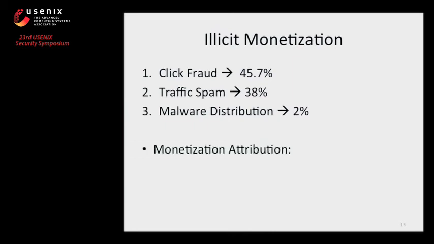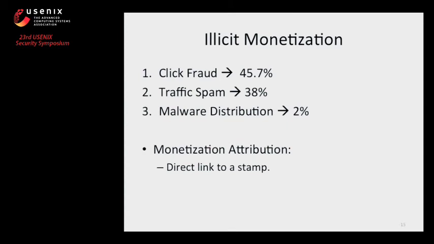The next question is, how can we attribute a specific fraudulent activity to a certain parking service? The whole monetization chain is quite long with a lot of redirections. So we attempt to attribute it to a certain parking service using two methods. The first method is where we find a direct link from the parked domain to the stamp with no intermediaries in the middle. This way we can say definitely the parking service is responsible for this monetization.